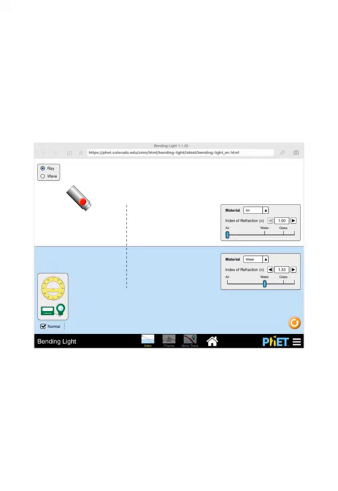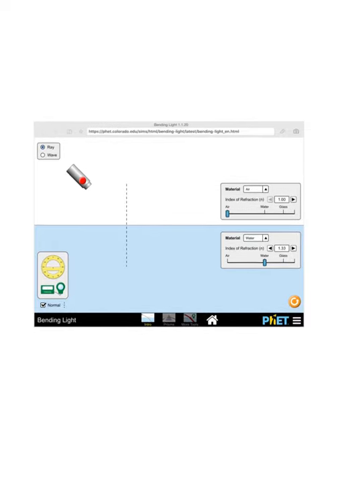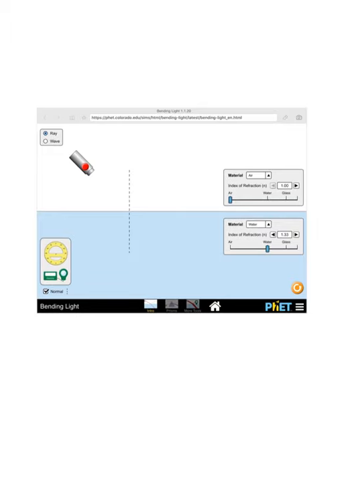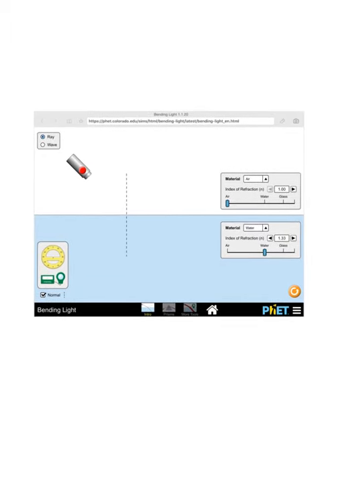So, I'm going to keep this material in the outer white portion of the simulation air. And the inner portion, we're going to choose as either water or glass. We'll start with water first, so we'll leave it at its defaults, just like it is right now.